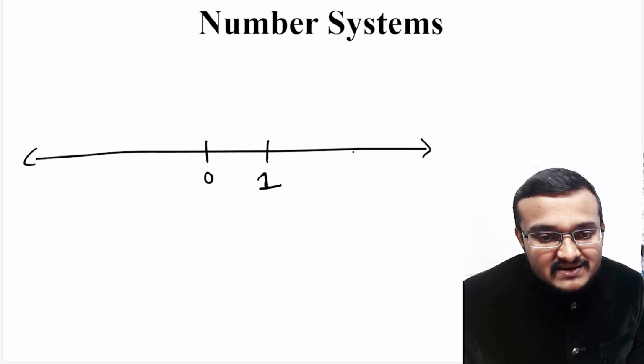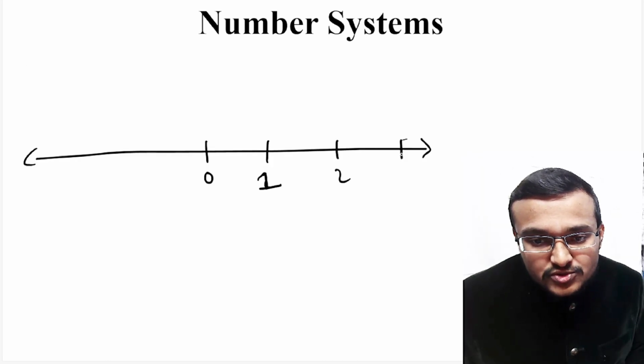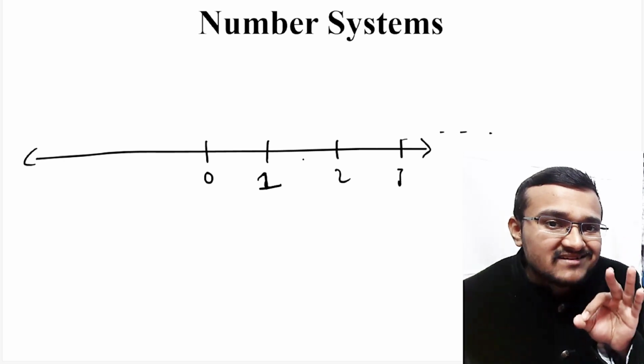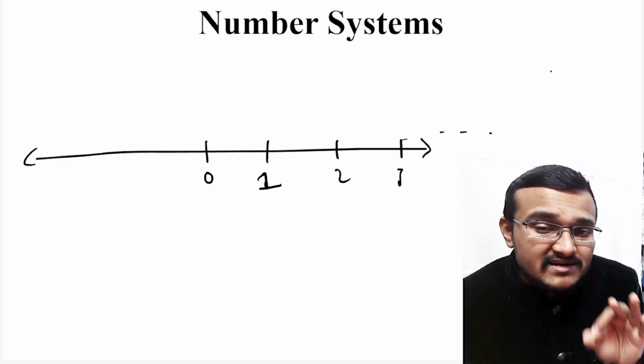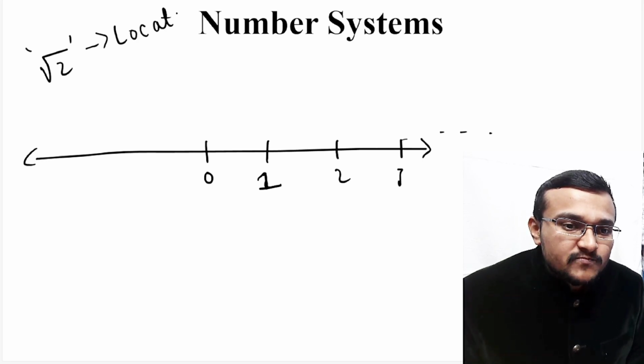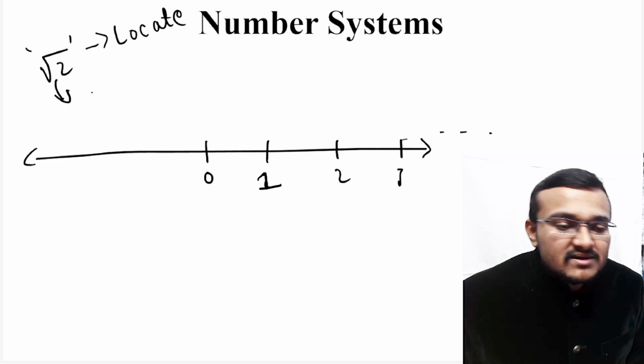So you have a number line like this, 0, 1, 2, 3, and it goes on like this. Now you have to locate root 2 on this particular number line. How to locate root 2 on this number line?